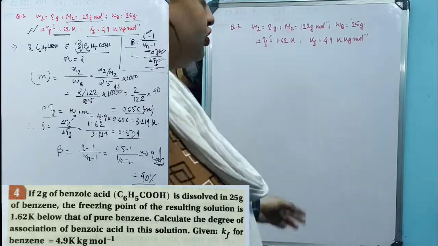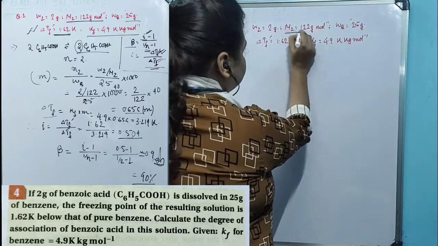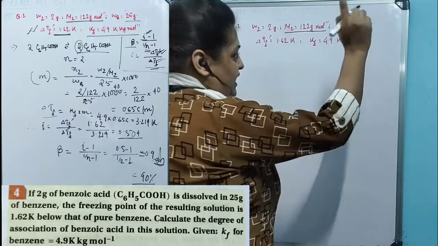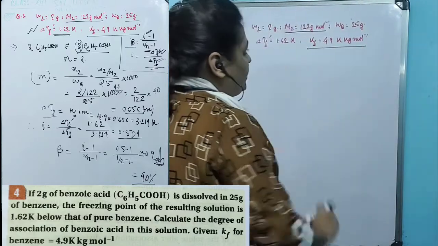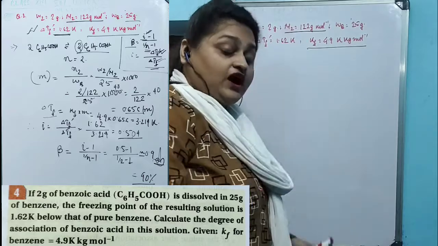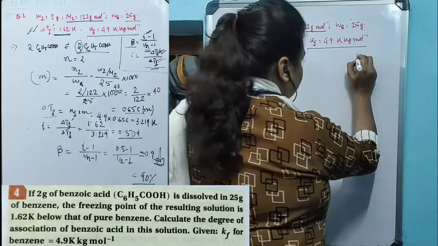You can calculate the molecular mass of benzoic acid, which is going to be 122 gram mole inverse. They also have given the Kf value for benzene, which is 4.9 Kelvin kg mole inverse. They have asked you to calculate the association constant beta.